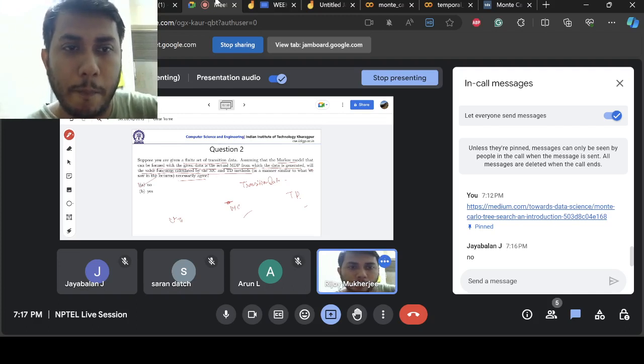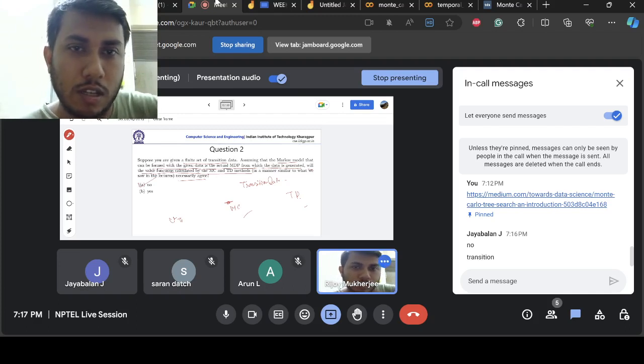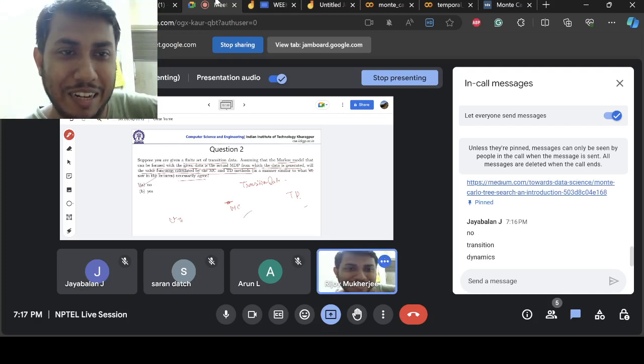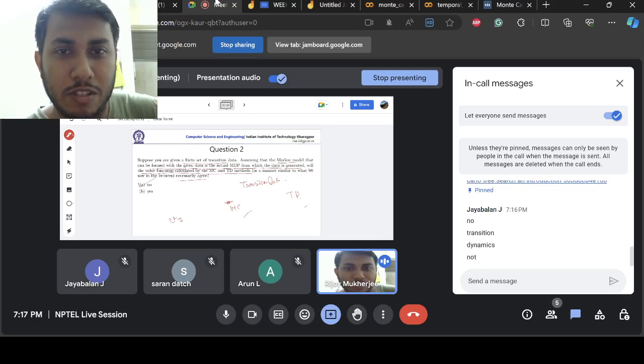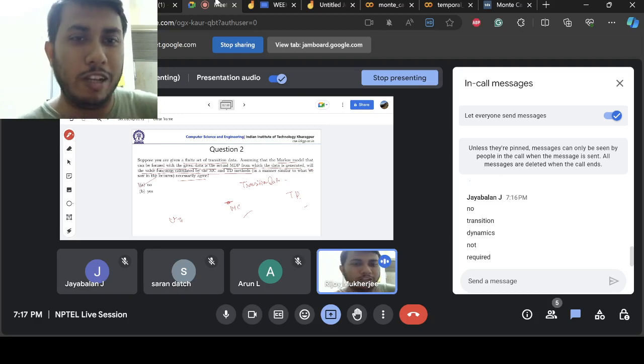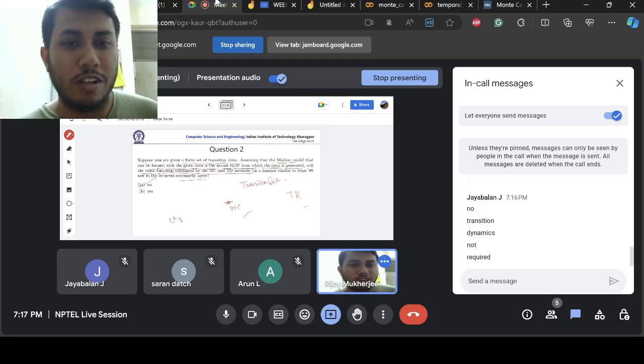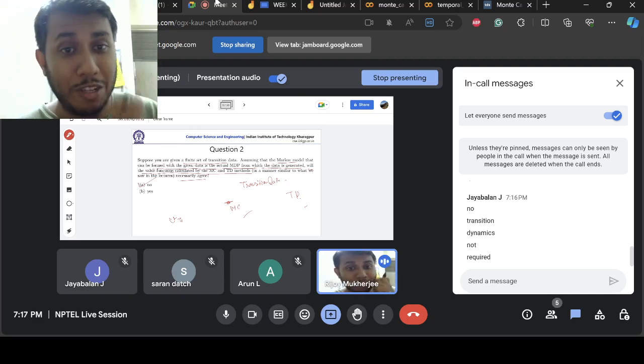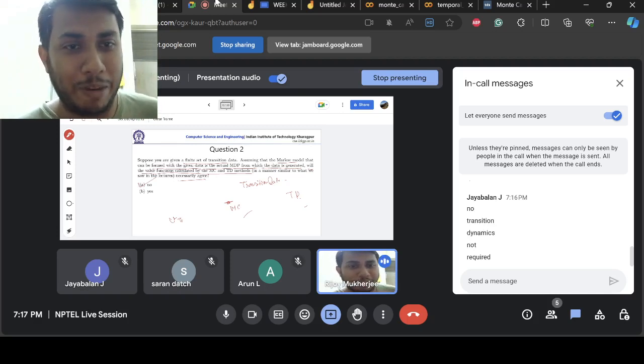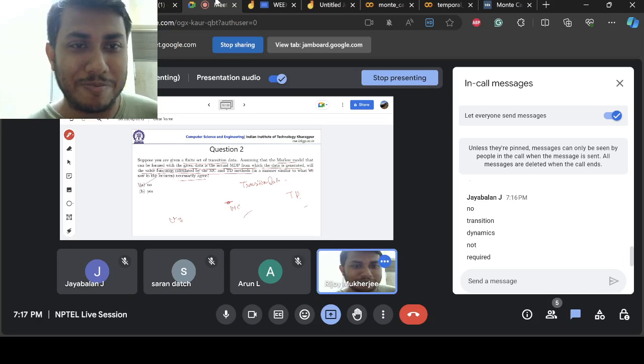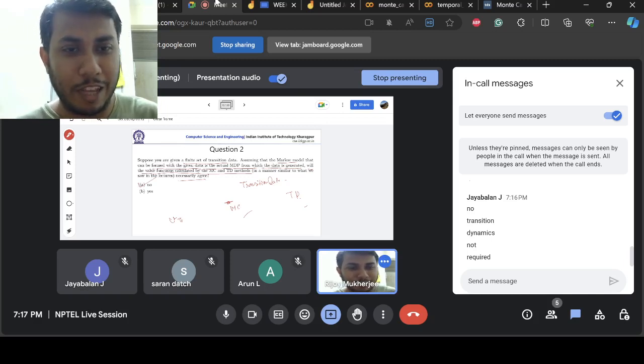Typically the answer is that transition dynamics are not of any use for your Monte Carlo. For Monte Carlo, you are simply doing sampling and nothing more. So transition dynamics are not required for MC, but for TD, are they required? Answer it.